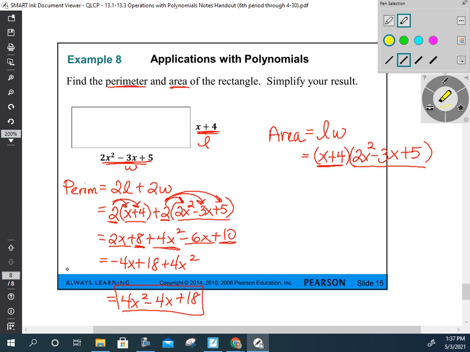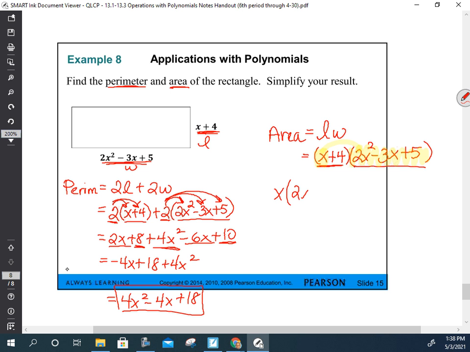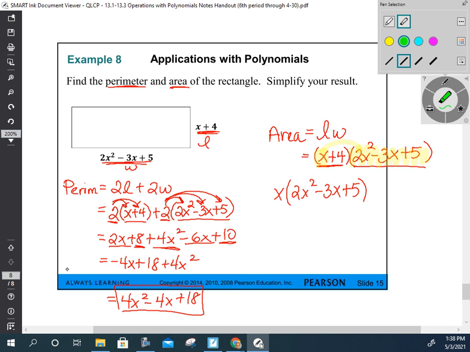So distributing, take the x, multiply it times everything in the second parentheses. And then take the 4 and multiply it times everything in the second parentheses.